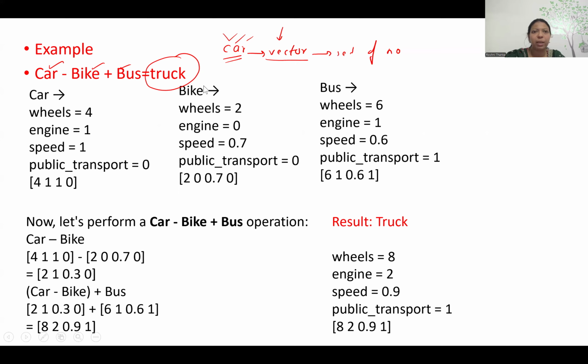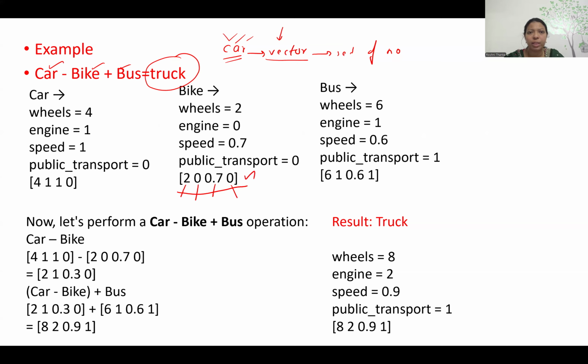Similarly, let's take bike. With the same features, a bike has 2 wheels, engine 0, and speed I have given as 0.7, and a bike is not a public transport. So the vector assigned to bike is 2, 0, 0.7, 0, which means wheels is 2, engine is 0, speed is 0.7, and public transport is 0.